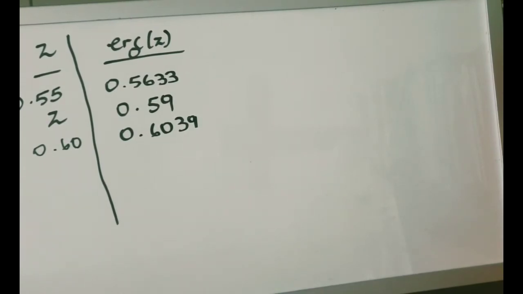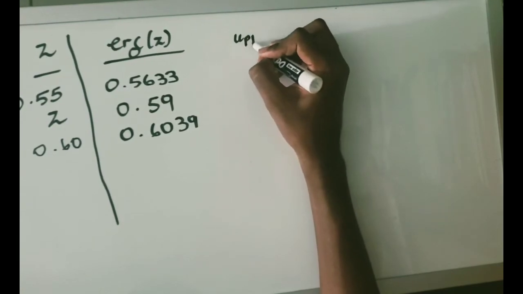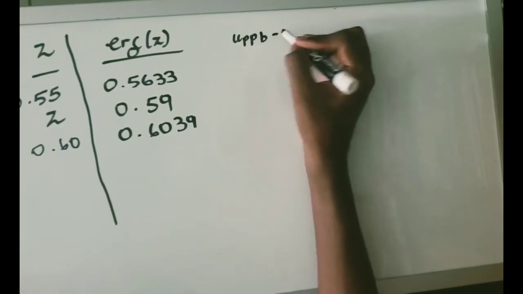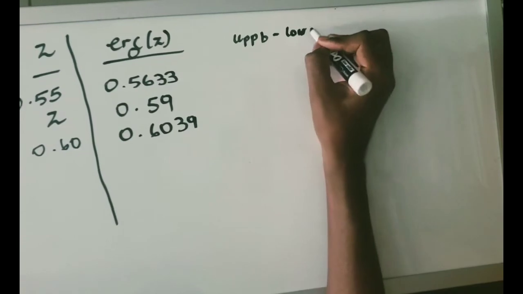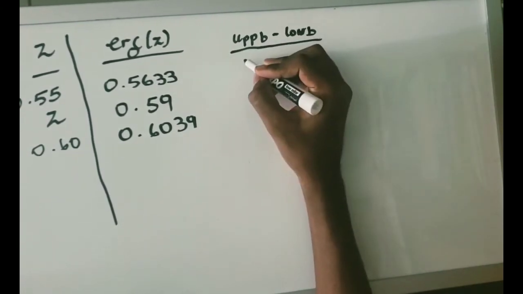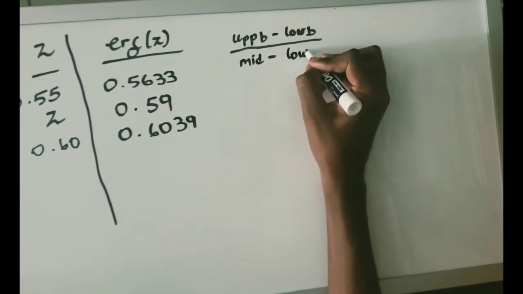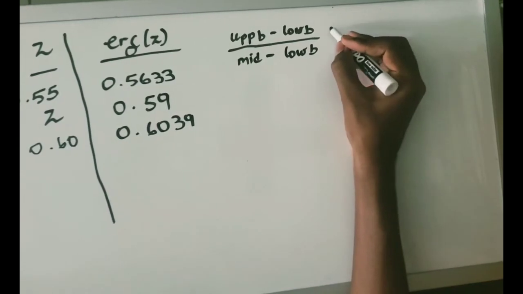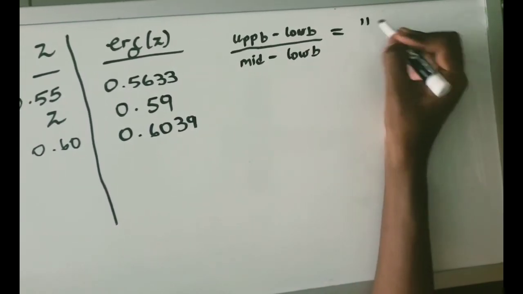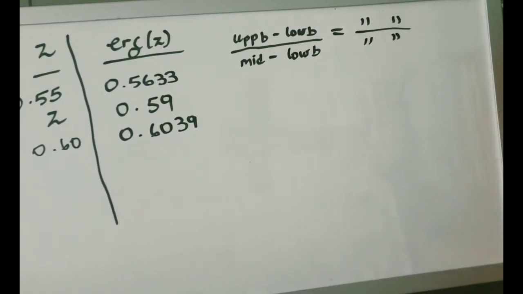Let's interpolate this. Now remember that we said in the first video that the formula is upper boundary, so we're just going to write it as up b, minus the lower boundary, low b, over mid value minus the lower boundary, equal to the same, just on whichever side you want to find the unknown.